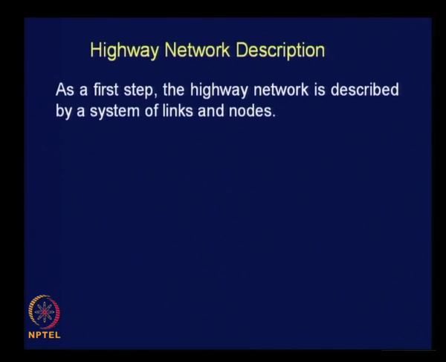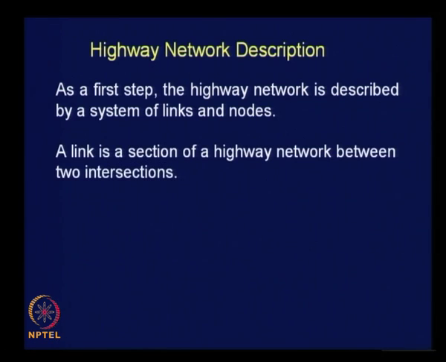Let us see how to go about doing this. As the first step, the highway network is described by a system of links and nodes, simply links and nodes. A link is a section of highway or simply road network between two intersections.